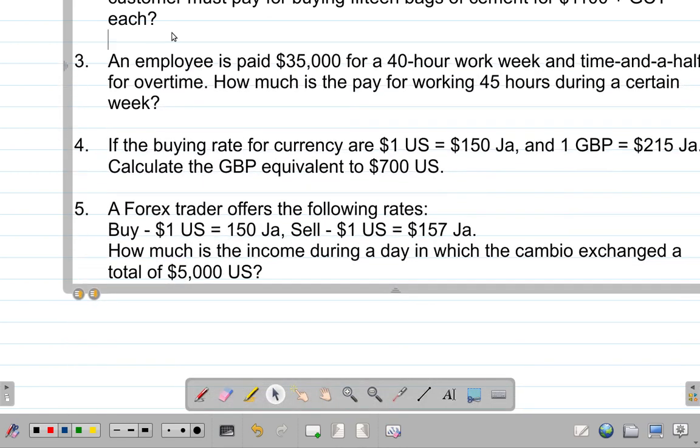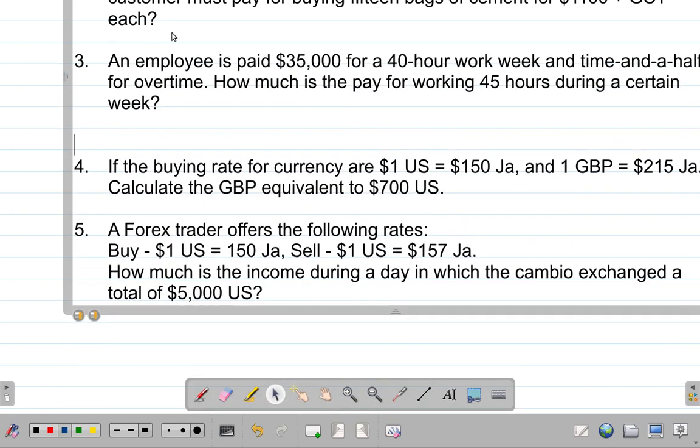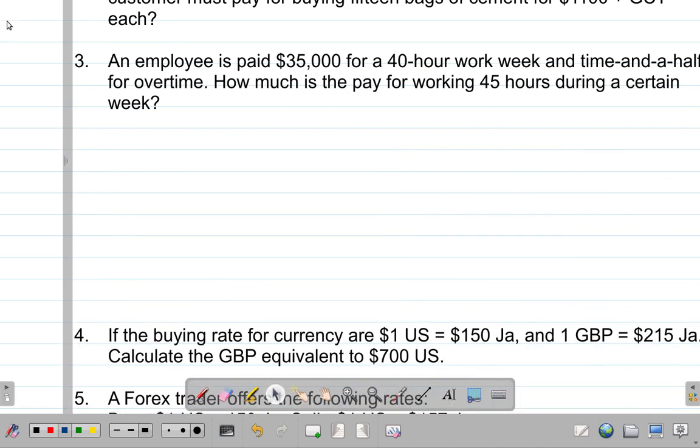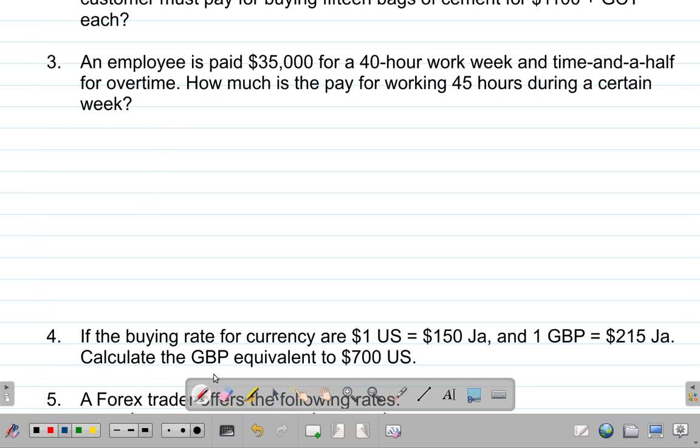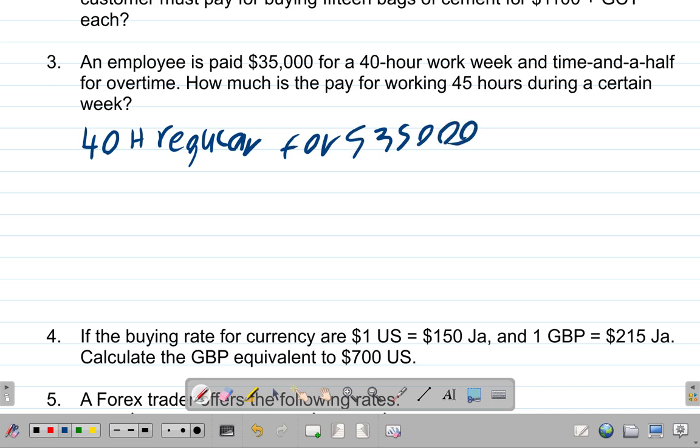An employee is paid $35,000 for a 40-hour work week and time and a half for overtime. How much is the pay for working 45 hours during a certain week? All right. You know that 40 hours of it is regular, and that's for $35,000, the regular pay.